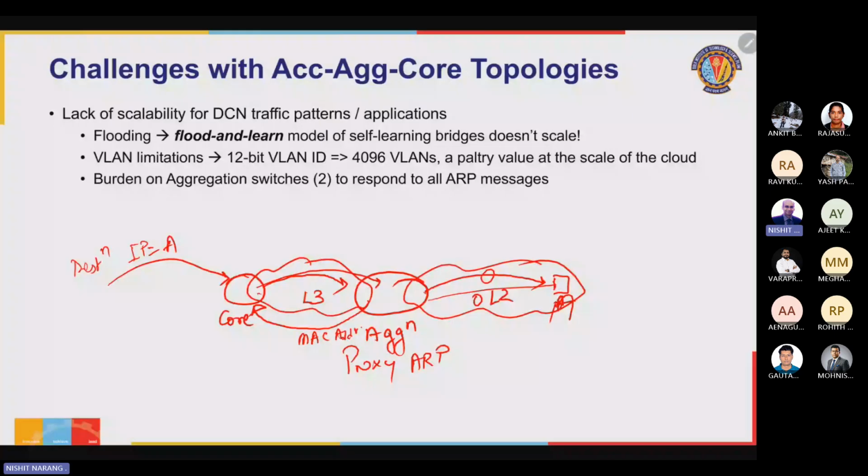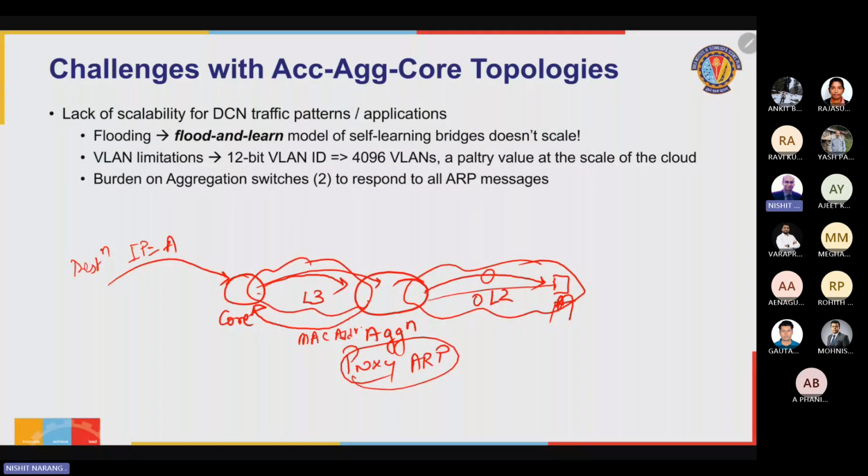This function will introduce a lot of additional burden because it's acting as an adaptation switch in between the core and the final servers. It puts in a lot of burden on the aggregation switches to be able to respond to all ARP messages on behalf of all the servers inside the layer 2 network by using the proxy ARP functionality.